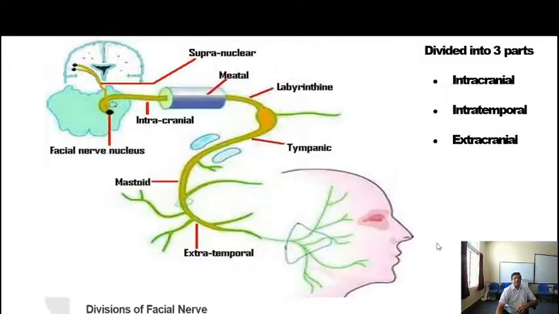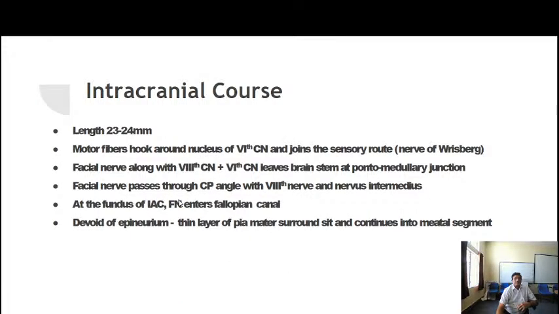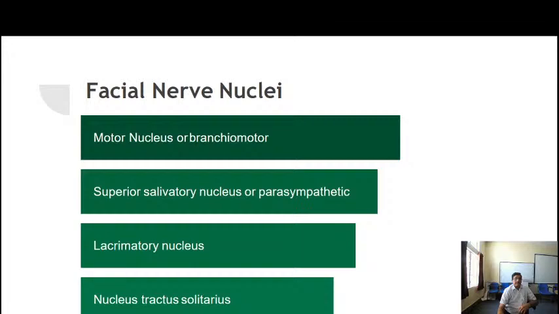Then, as I told you, there are three important things. The nerve is divided into the intracranial, the intratemporal and the extracranial, as it comes out through the stylomastoid foramina.